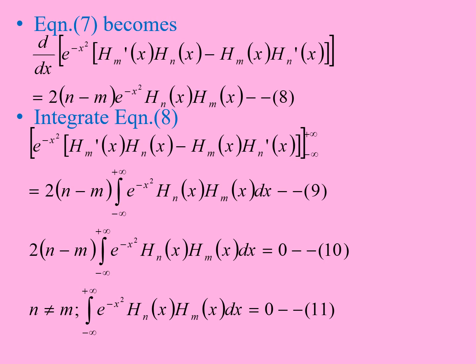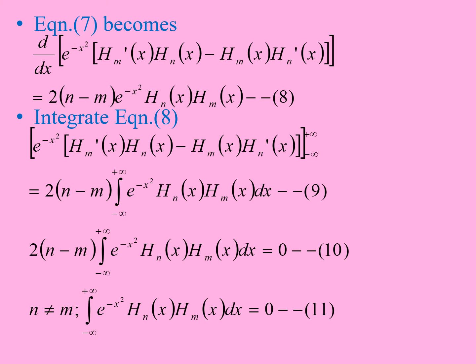The integration and differentiation in the first term will cancel out. So you can get e power minus x squared times Hm prime of x Hn of x minus Hm of x Hn prime of x, substituting the limits minus infinity to infinity, equal to 2 into n minus m integral from minus infinity to infinity of e power minus x squared Hn of x Hm of x dx.